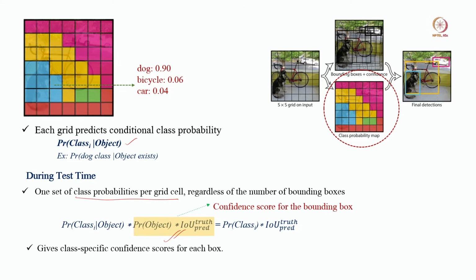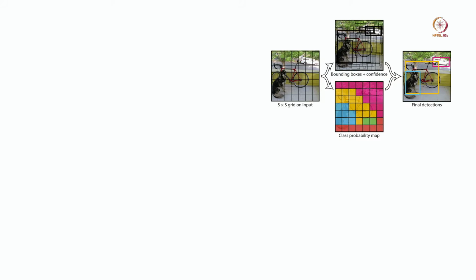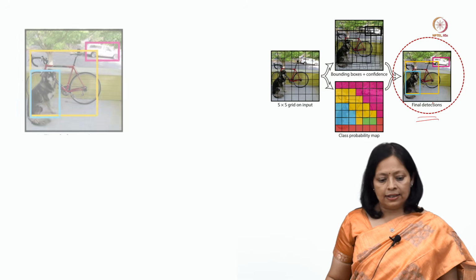Class specific confidence scores are given for each box. So, for each box, class specific confidence scores are given. Then we come to the final detection part. We have seen the image divided into a grid, bounding box plus confidence score, class probability map, and then how these two are merged together to get the final detections.